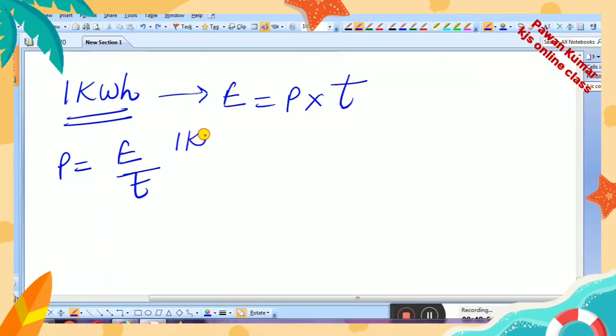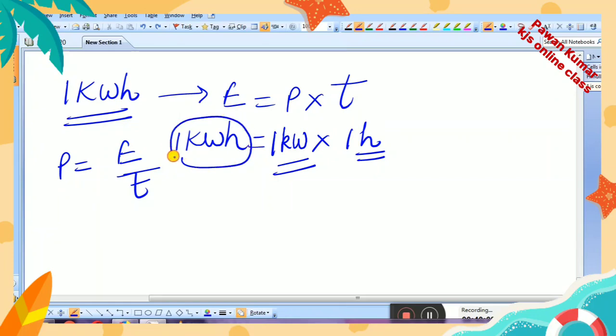Now, how much energy do you want? 1 kilowatt hour. For that, time should be 1 hour. Then only hour will come here. And power should not be watt, it should be 1 kilowatt. Reason? We want 1 kilowatt hour energy.